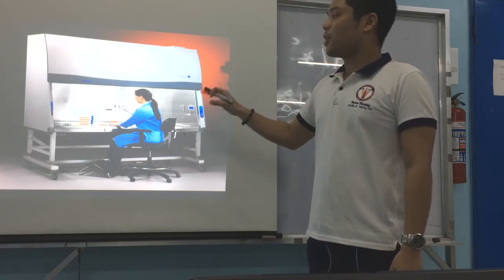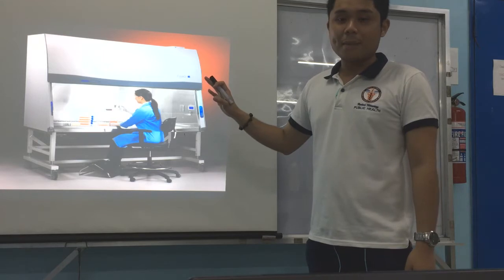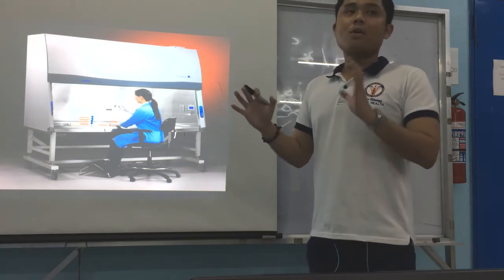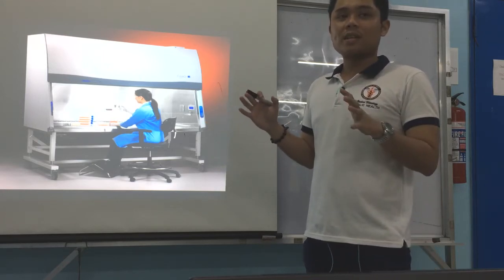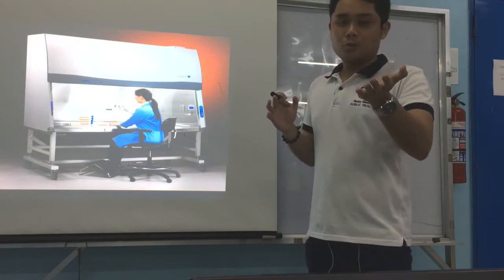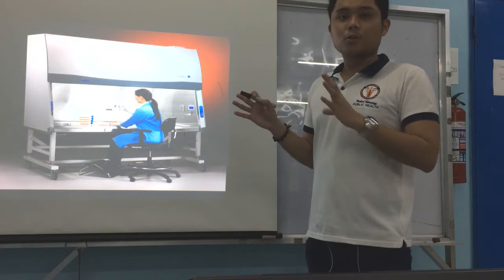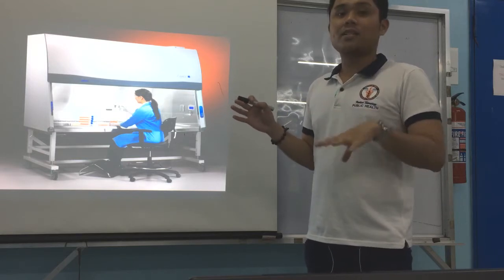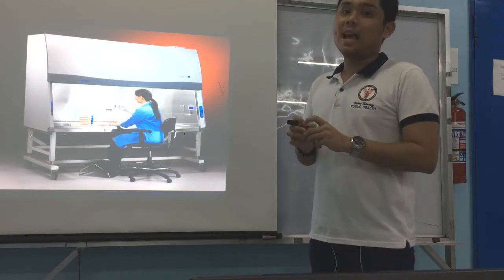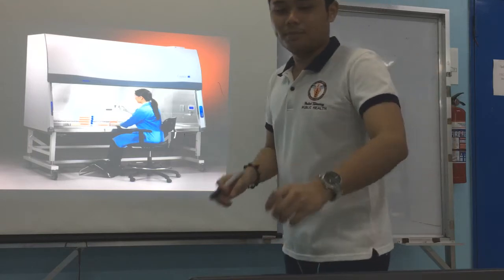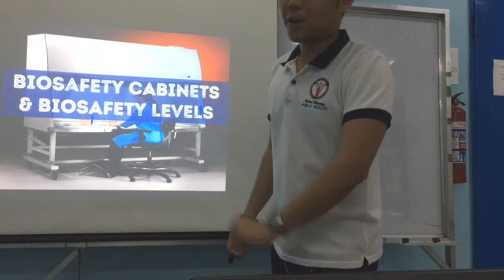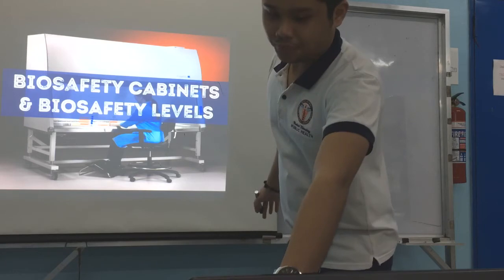So what we're going to talk about are biological safety cabinets and biosafety levels. Why did I choose this? Because I believe especially you students who are just beginning with the bacteriology course might confuse the two terms with each other and think that they're the same, when in fact they are not the same.